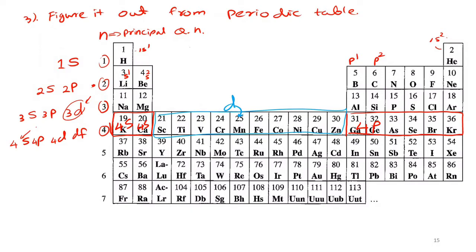So that is how you figure out from the periodic table how you fill these electrons. And next, what comes after 4p is this, 5s. So by looking at the periodic table, you can also memorize the Aufbau filling order, what order you should be filling these electrons.